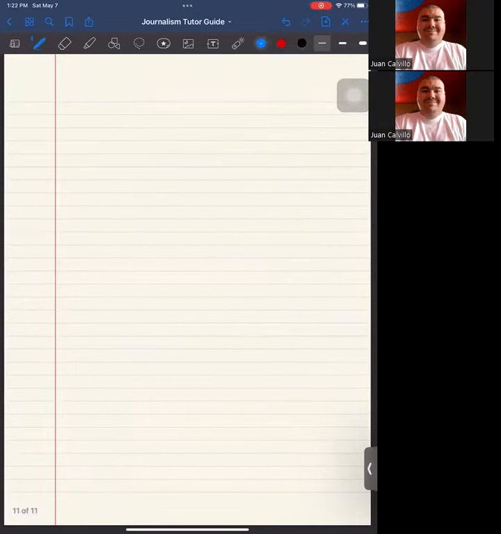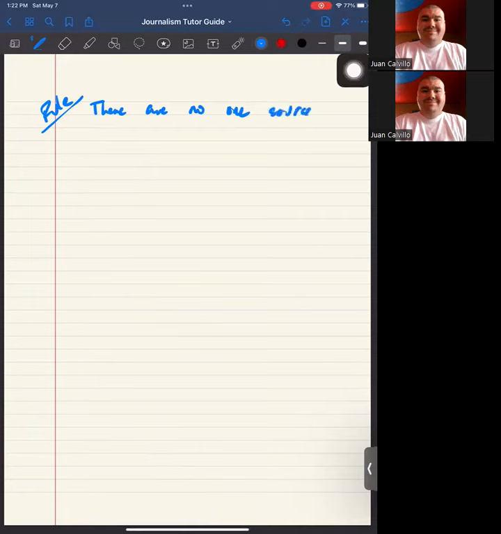Hard and fast rule, I think, for all stories, but one that I should have maybe mentioned earlier. Rule. There are no one source attribution stories.